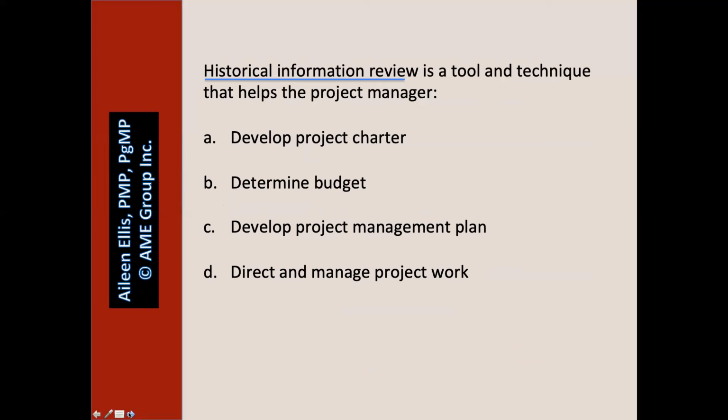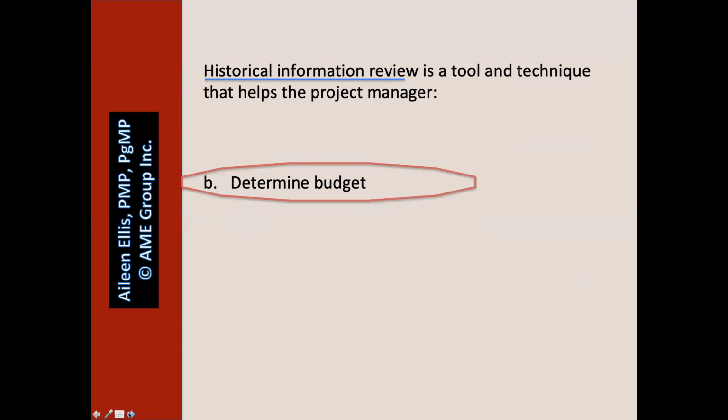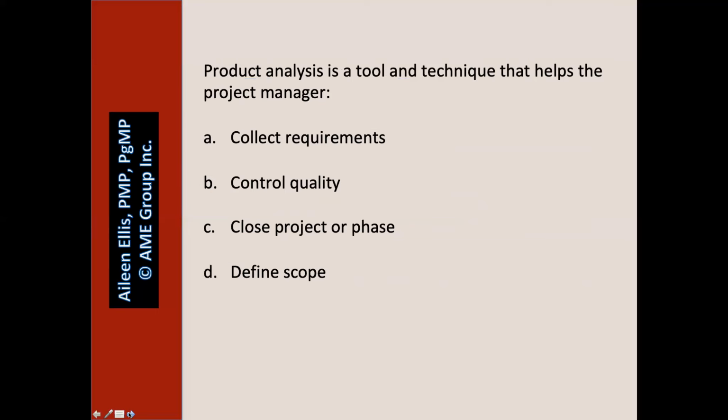Historical information review is a tool and technique that helps the project manager. Historical information review helps us determine budget. Product analysis is a tool and technique that helps the project manager.